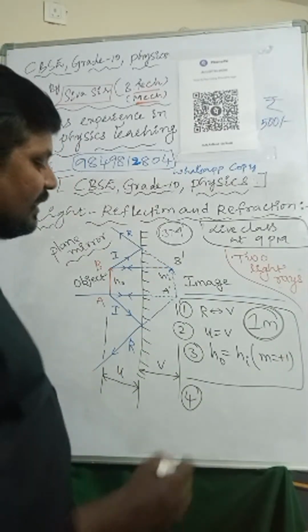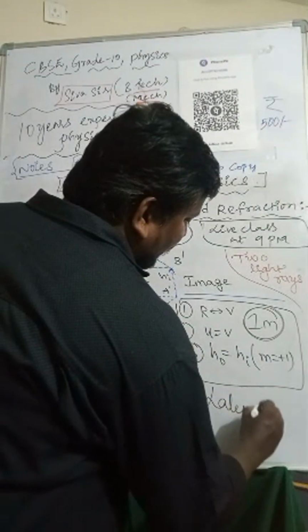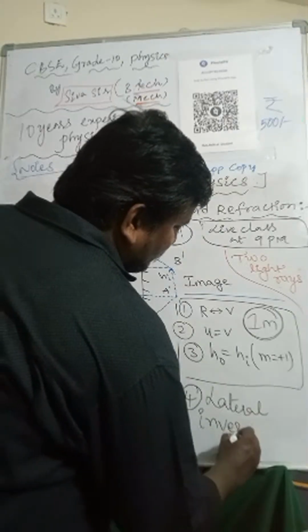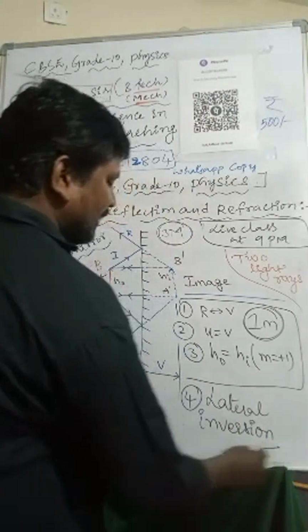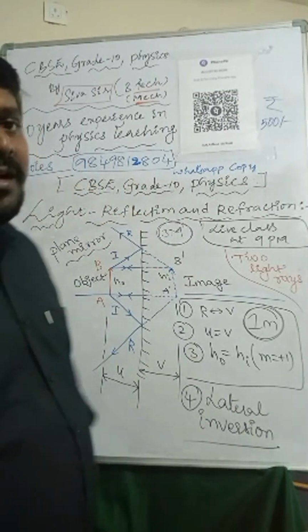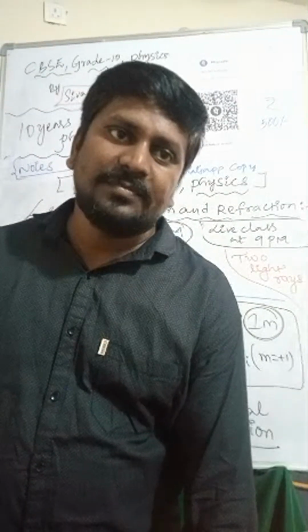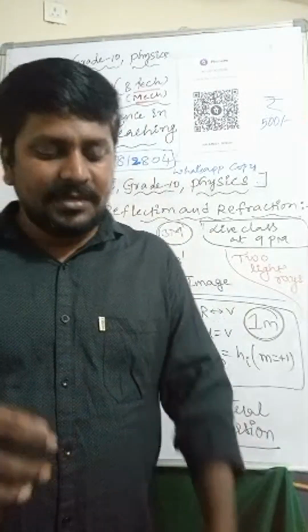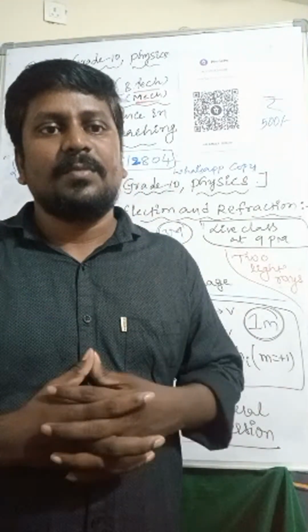Next, lateral inversion. It also shows lateral inversion. So what is lateral inversion? Lateral inversion is nothing but the phenomenon where the right side of the object appears to be the left side, and the left side appears to be the right side. I'm standing in front of you, like in the mobile you can see.